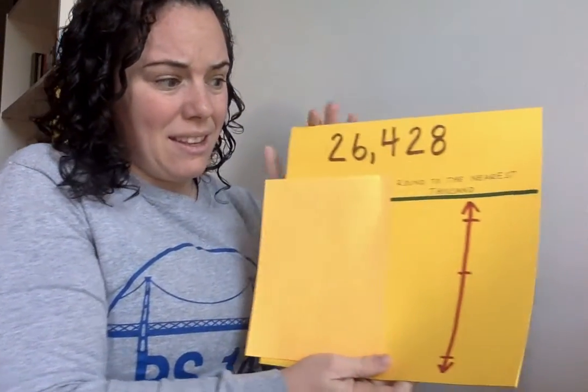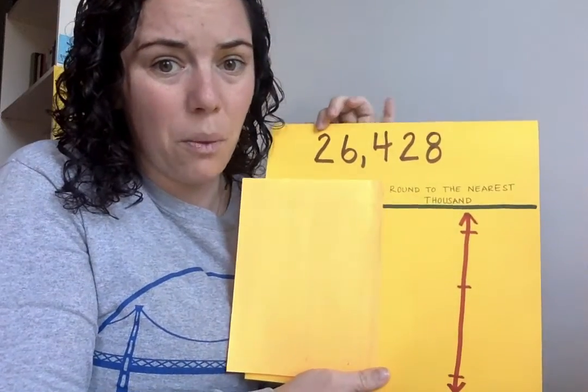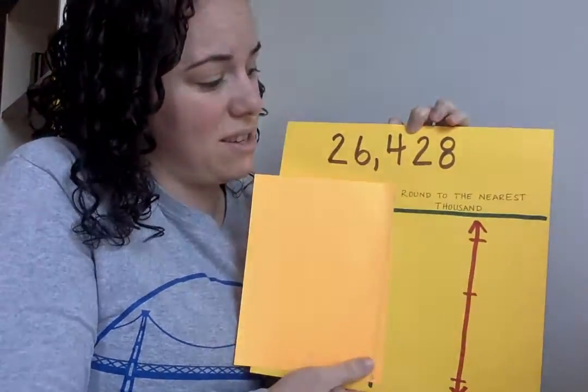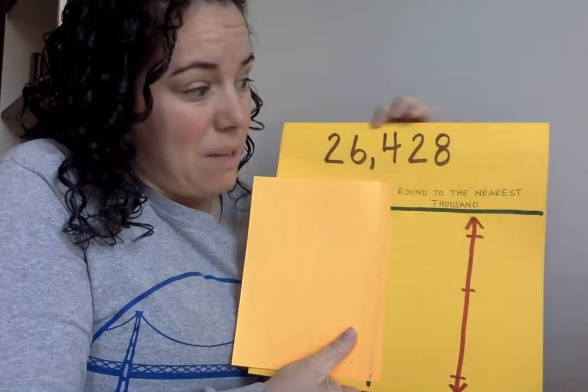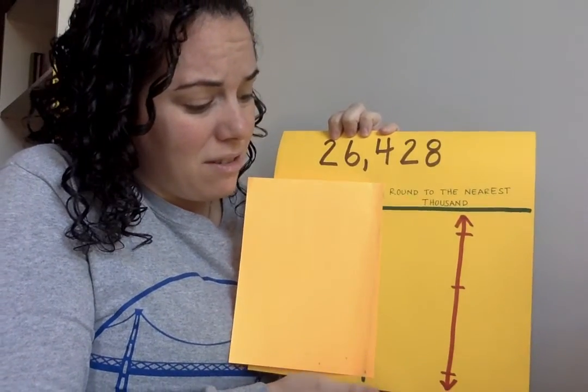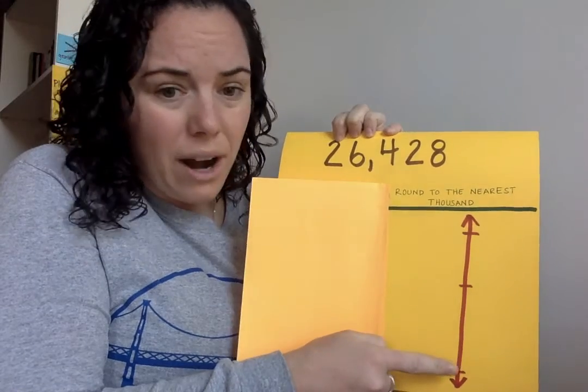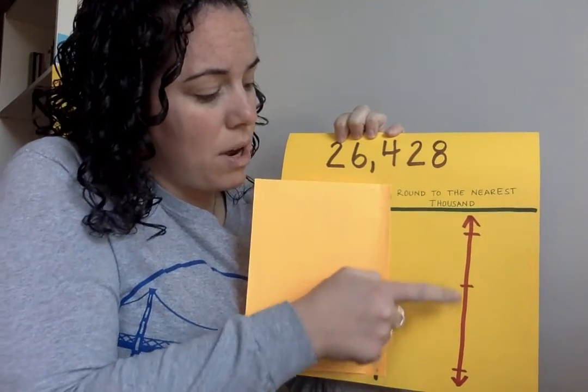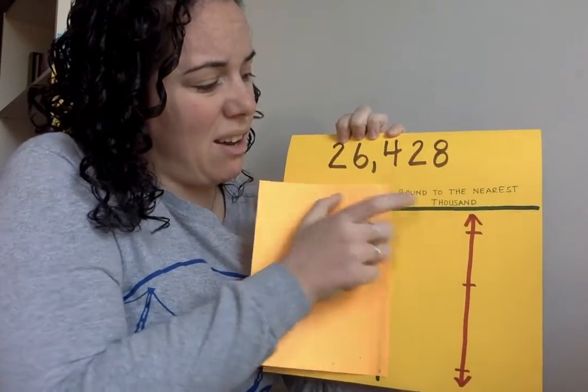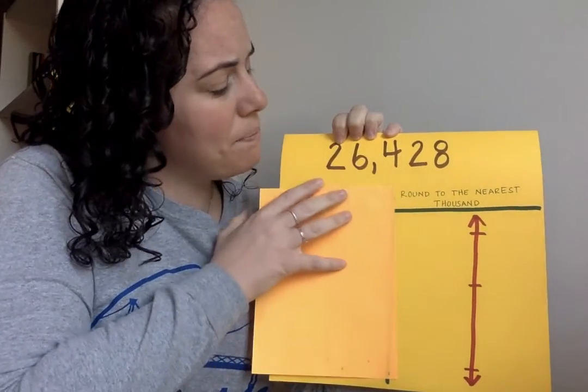Now, I know that sometimes when I see the number line, because I know I have to show my work of how I'm going to round 26,428 to the nearest 1,000, I often get confused as to what I put at my starting point, my midpoint, and my end point.